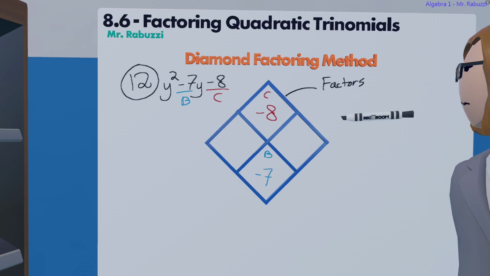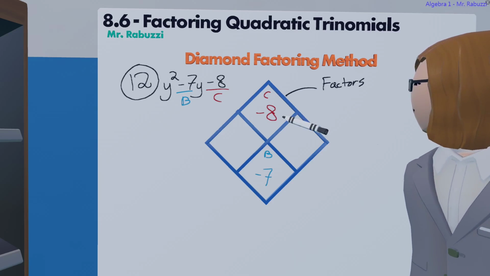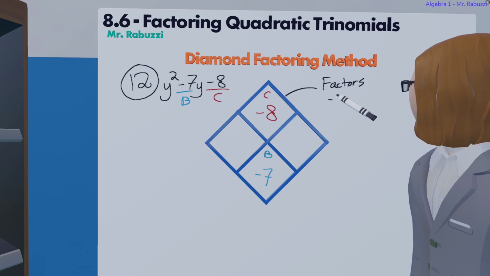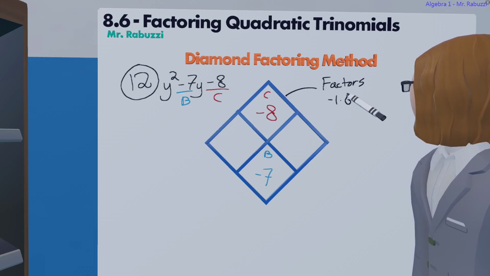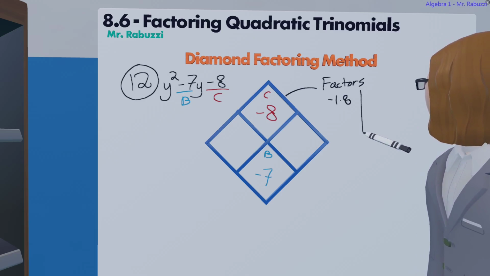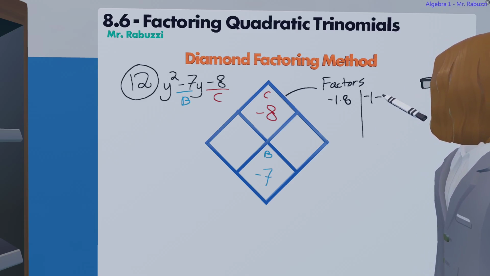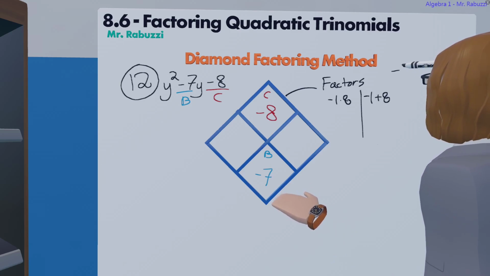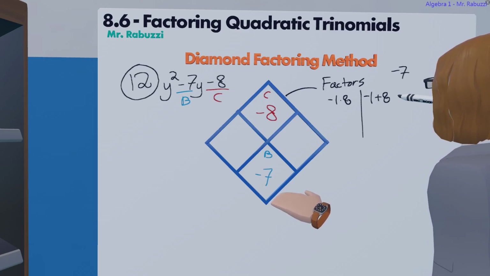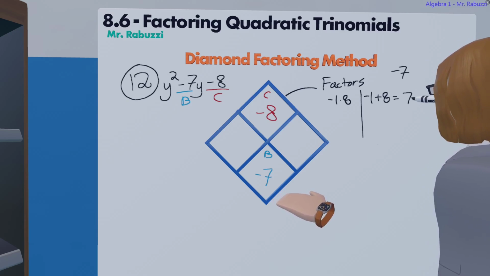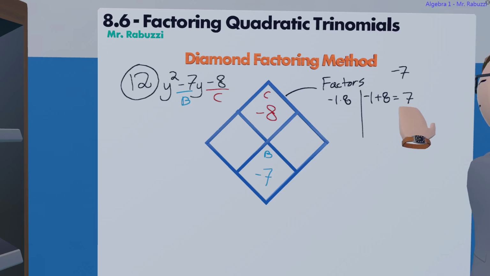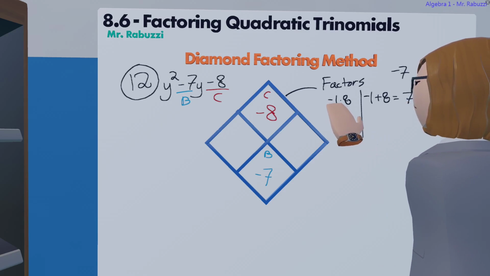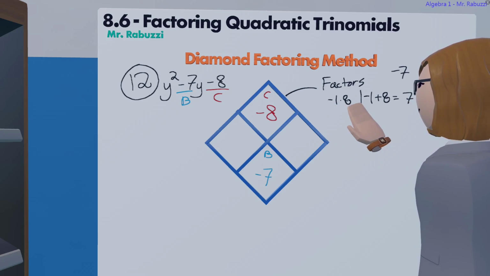Now we need to factor the -8. Okay, it's a negative number, so one of my factors needs to be negative. So I could try -1 times 8. When I add those up, I get -1 plus 8. And I want the answer to be -7, but I get +7 this time. That's close though. So instead of checking other factors, I'm going to check the same factors with the negative on the 8 instead.